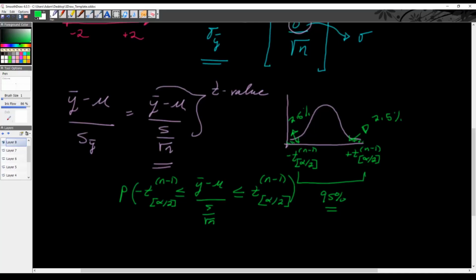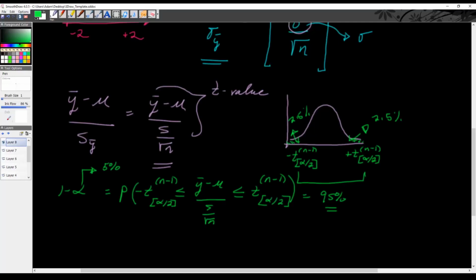That is equal to 1 minus the alpha level, and we choose that. If we choose a 5% alpha level, essentially what we're saying is that we're going to be 95% confident. So the probability that a particular t-value is greater than the lower critical value, but less than the upper critical value, is 95%.